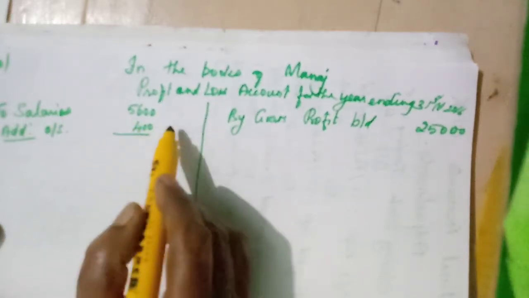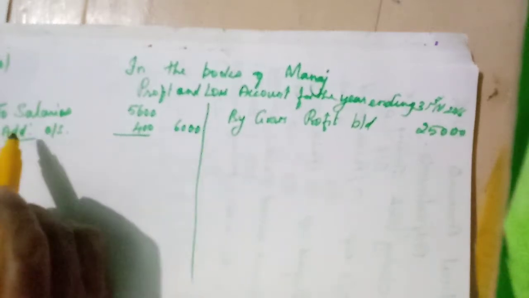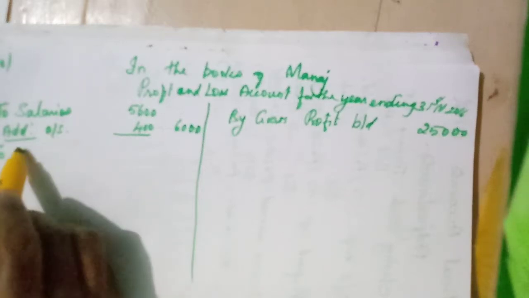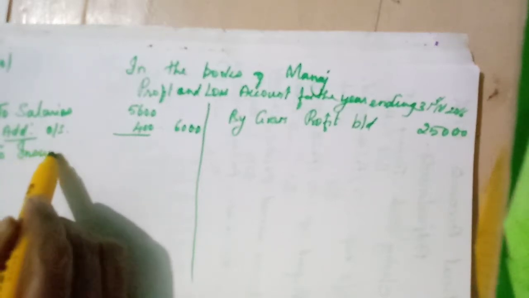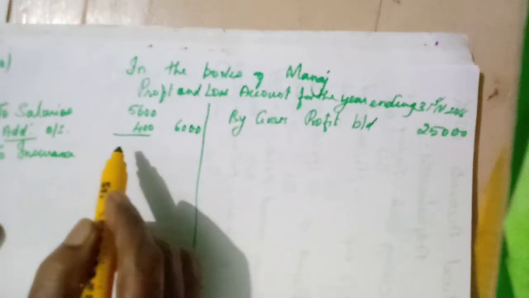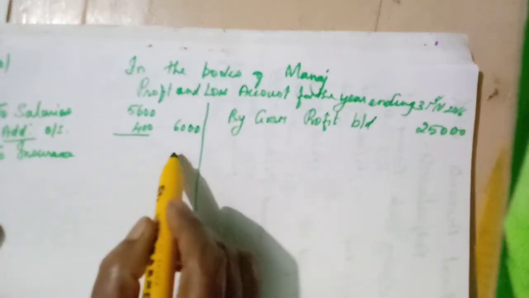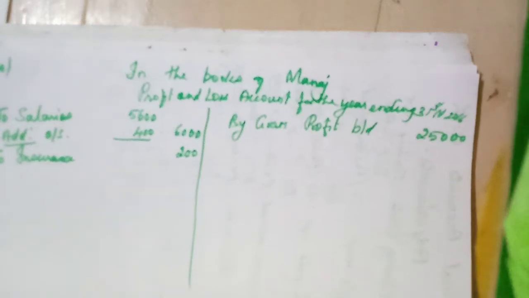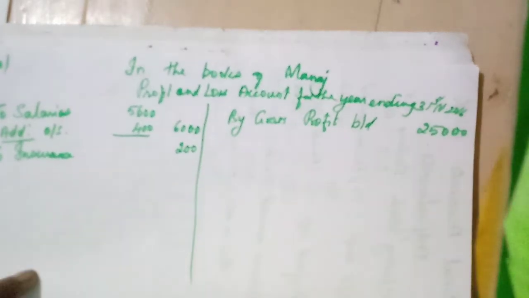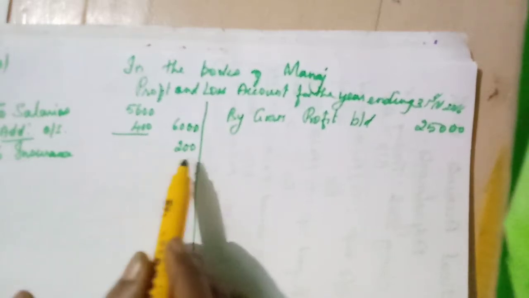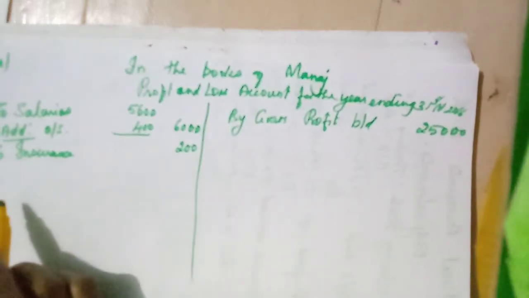So total 6000. Straight to this one you have to write 6000. Then insurance. All these are expenses. 200. No adjustment for insurance, so we can write the amount in the outer column.